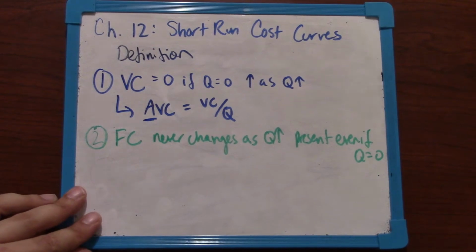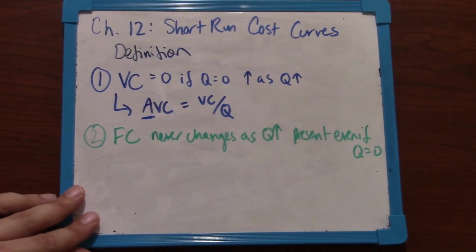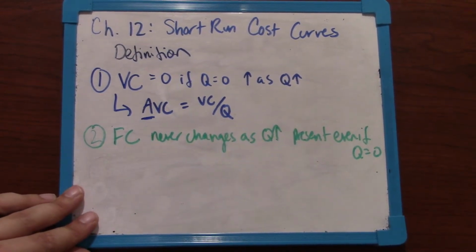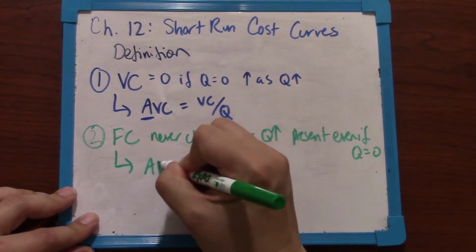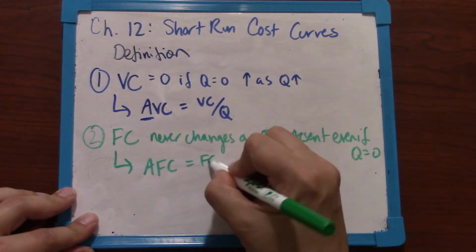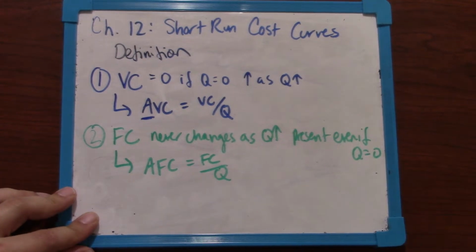So in the context of an Uber driver, this would be something like their vehicle. They had to pay for it even if they didn't give anyone any rides. Or if they paid Uber to get a background check, they had to pay for that background check even if they didn't give anyone any rides. Fixed cost gives us average fixed cost, which is just fixed cost divided by quantity.